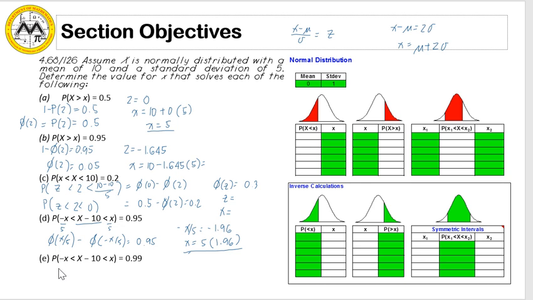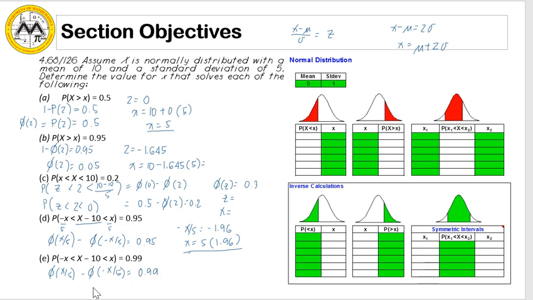Next one, so 99%, so this is Φ(x over 5) minus Φ(negative x over 5), 99%, so that means you have 1% on both left and right, so that's 0.005 to the left, 0.005 to the right, so this is 0.99.